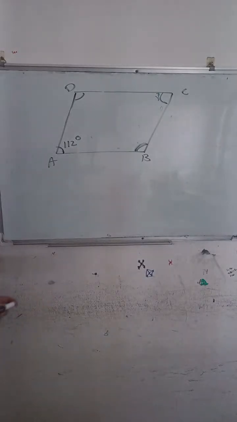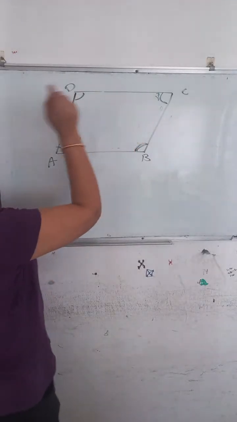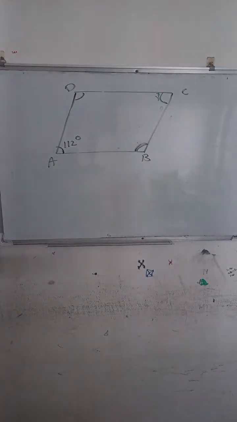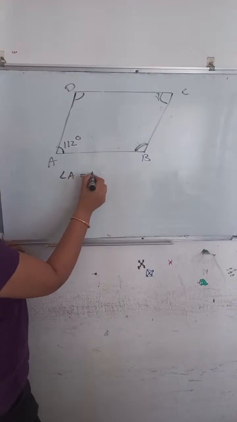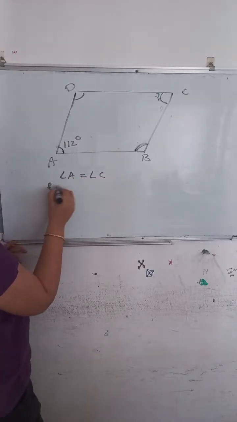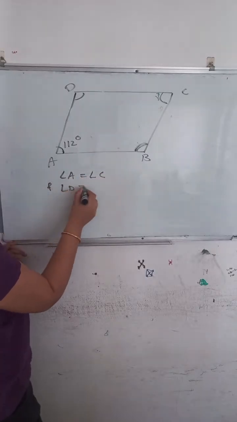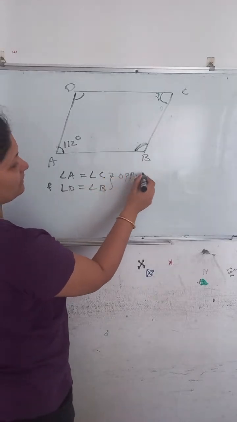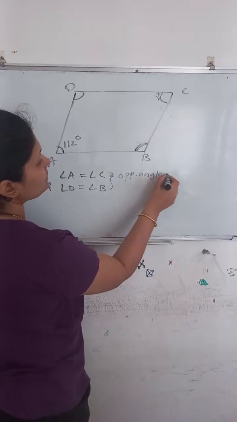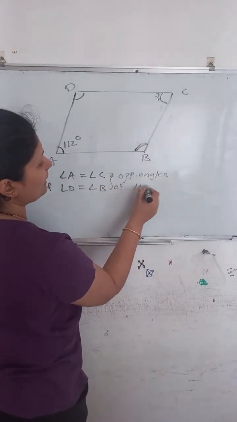Then we have to calculate B, C and D. So first I can write angle A is equal to angle C and angle B is equal to angle D, because they are opposite angles of a parallelogram.